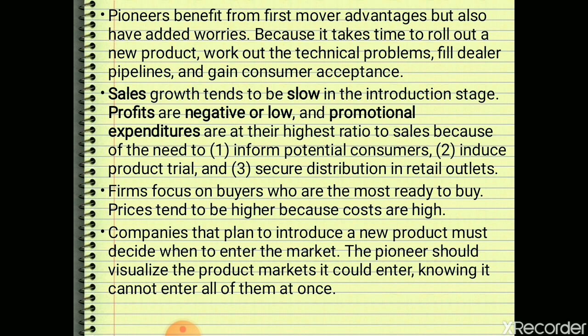We will induce product trial and we will secure distribution in retail outlets. Then firms' focus is on buyers. Which kind of buyers? Those who are most ready to buy, the potential buyers. The price tends to be high. Generally when a new product is coming in market, the price tends to be higher because the costs are high and they need to cover these costs.